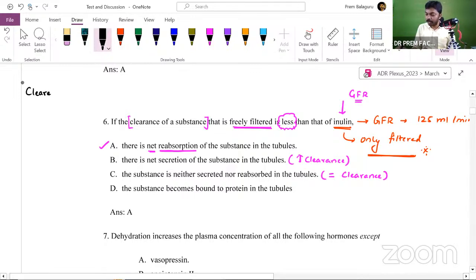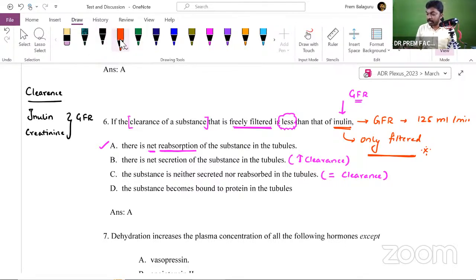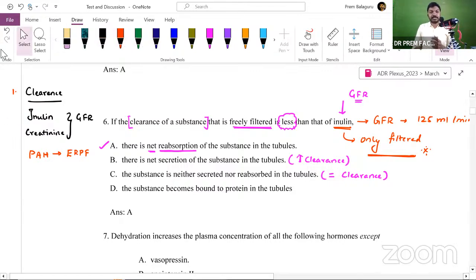And please remember, when we use clearance of inulin or clearance of creatinine, we mean to say we are actually measuring glomerular filtration rate. And if we measure clearance of para-aminohippuric acid, we are referring to measurement of effective renal plasma flow.